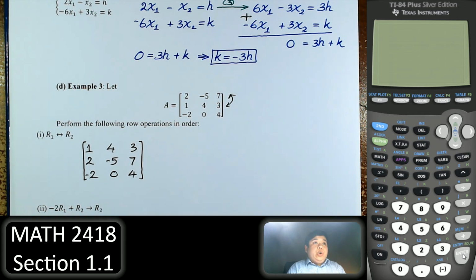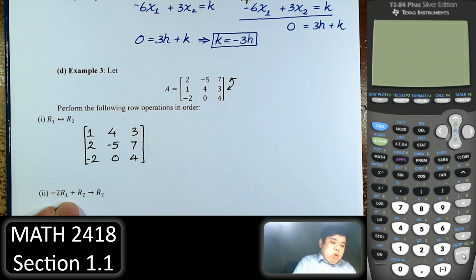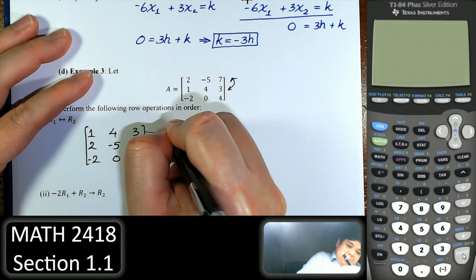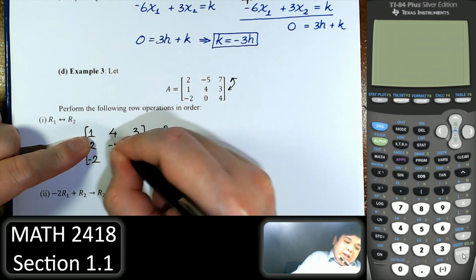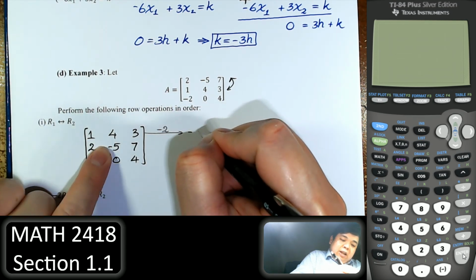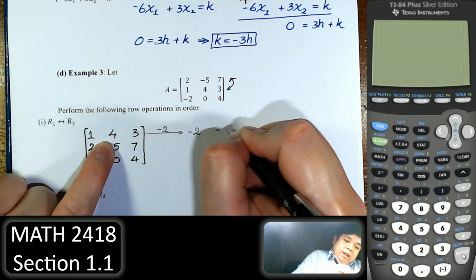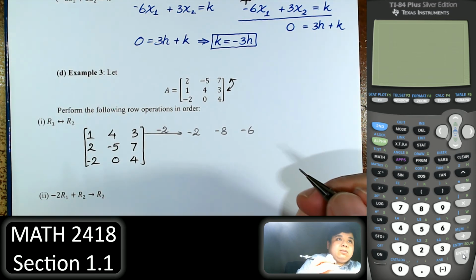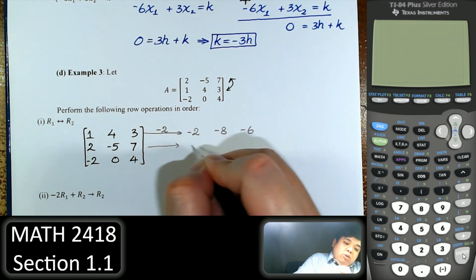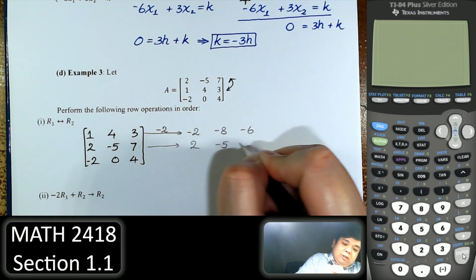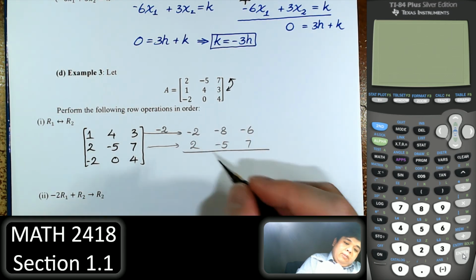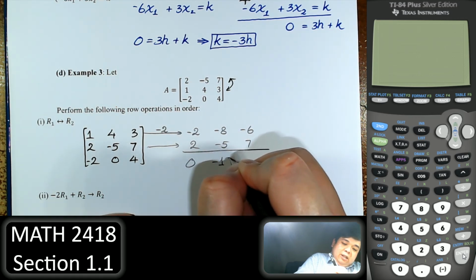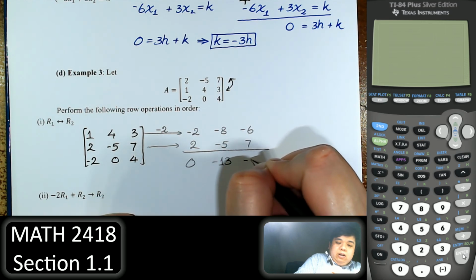Right, next we do this operation, meaning negative 2 times row 1. Times negative 2 gives us negative 2, negative 8, and negative 6. Add and replace row 2. Zero, negative 13, and negative 1.